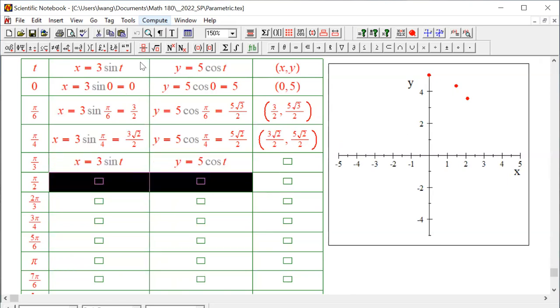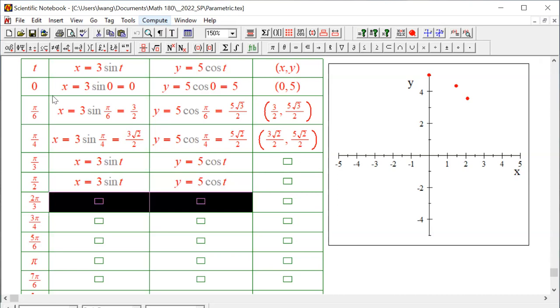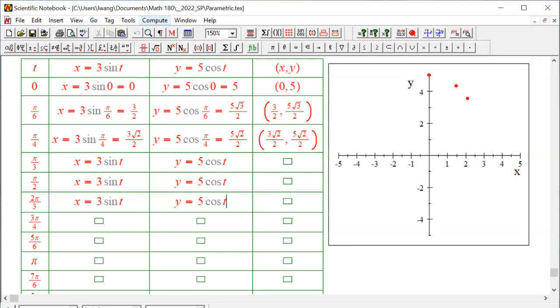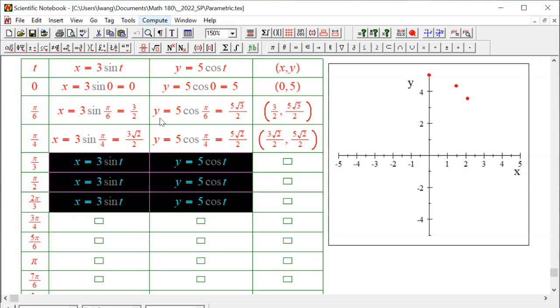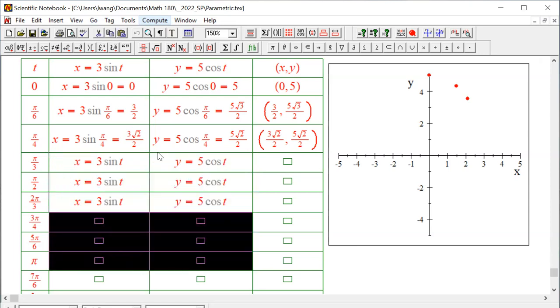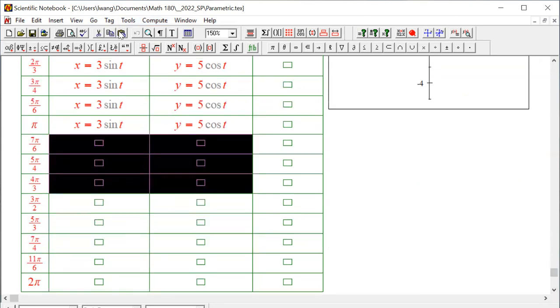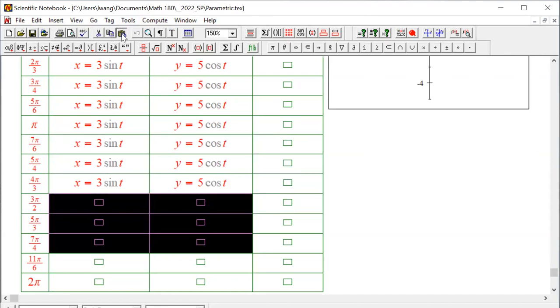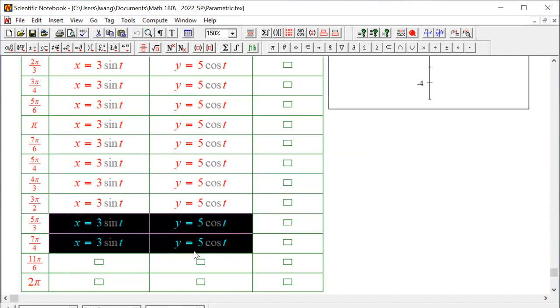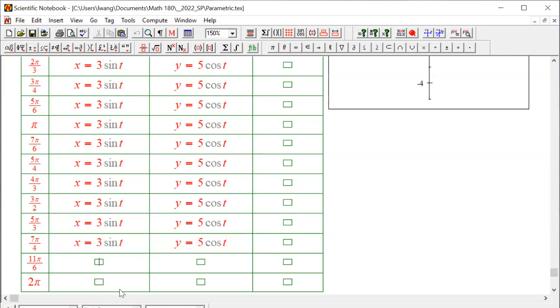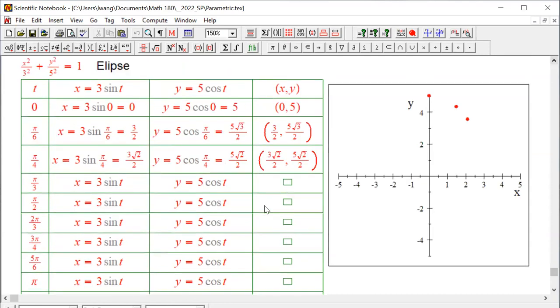So let me just make a few more copies of these things. If you like, you can pause and come back to compare. And the last 2 rows. We'll see if we have the patience to do all of it. Okay. Now we already have roughly what to expect, right? So let's continue. Pi over 3.